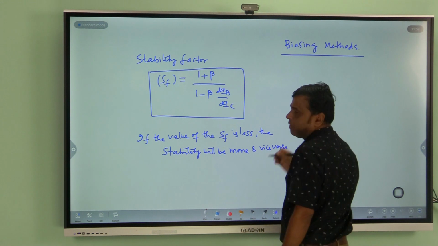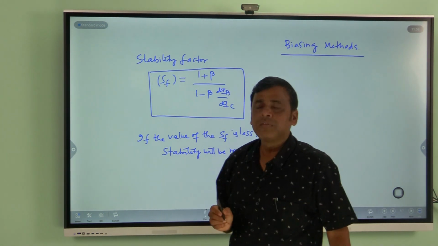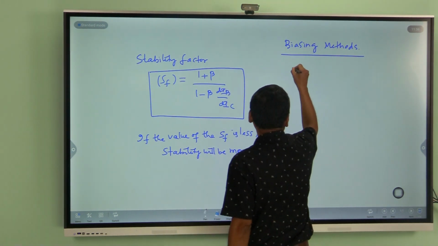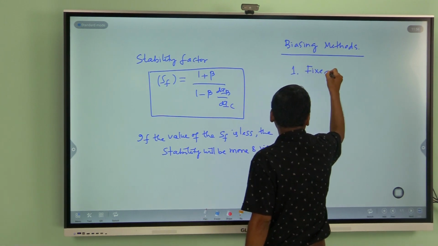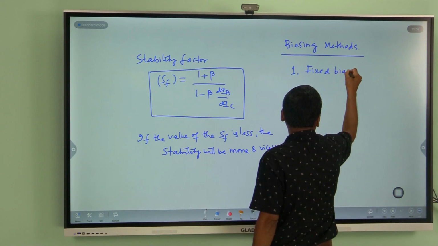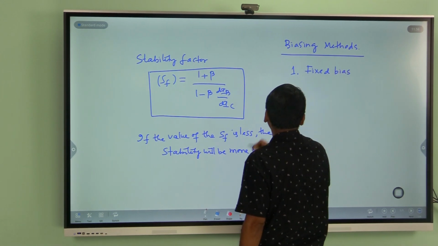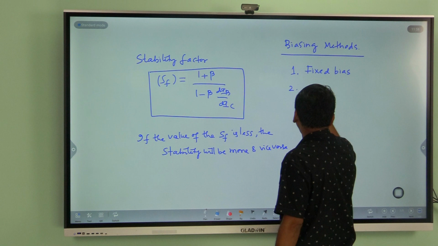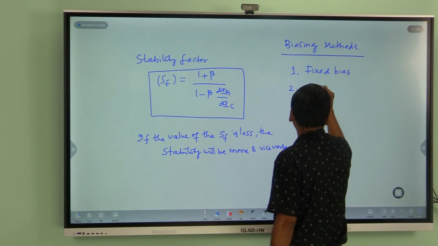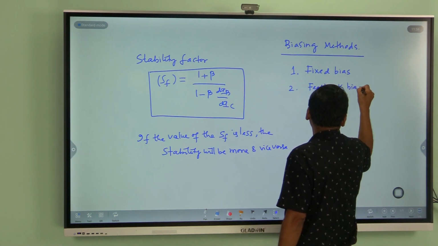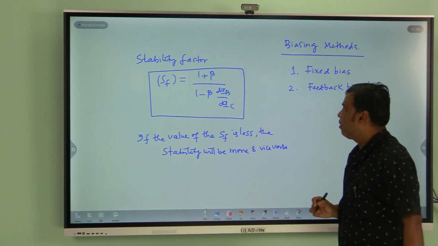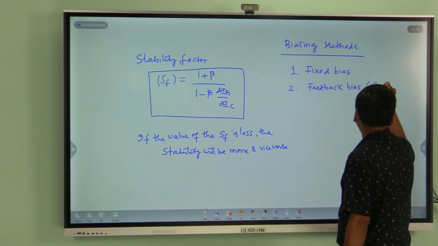In transistor biasing, there are 4 biasing methods. Number 1 is fixed bias. Number 2 is your feedback bias, or alternative name, collector to base bias.